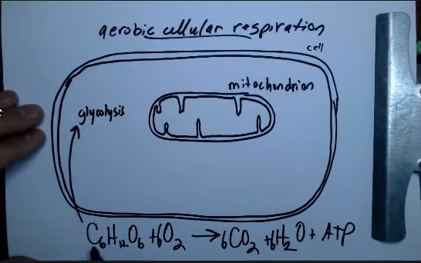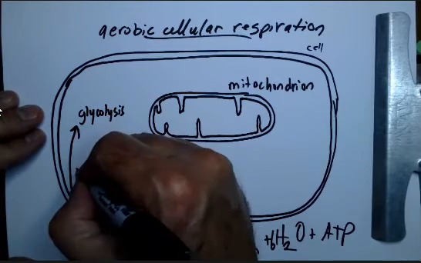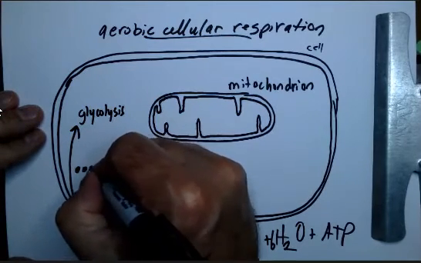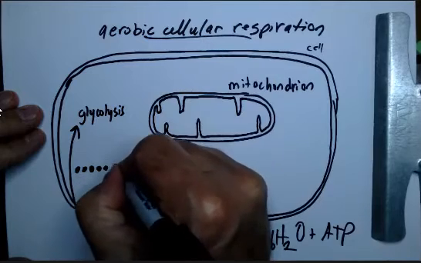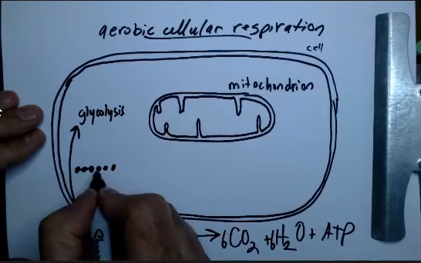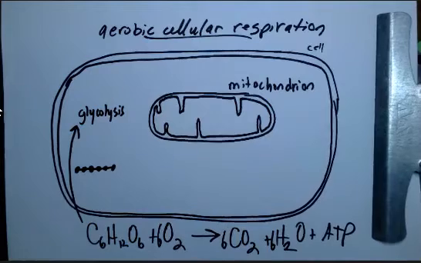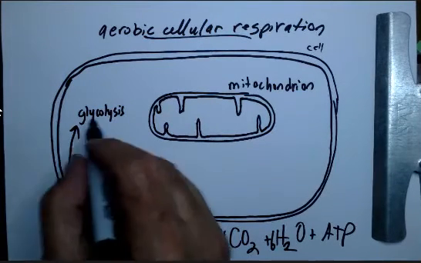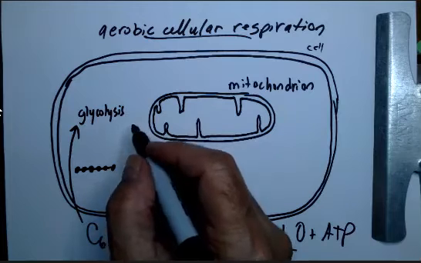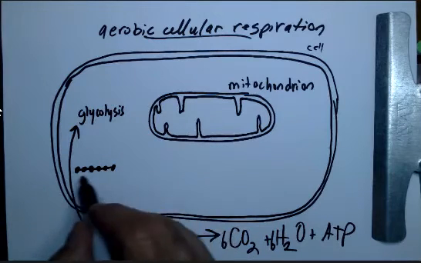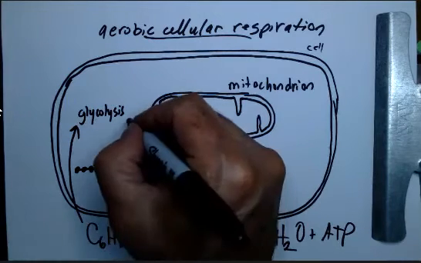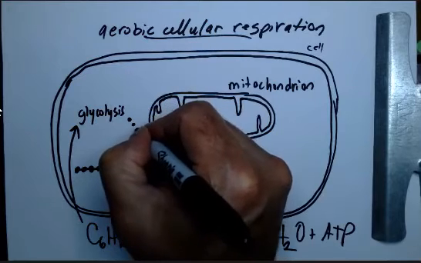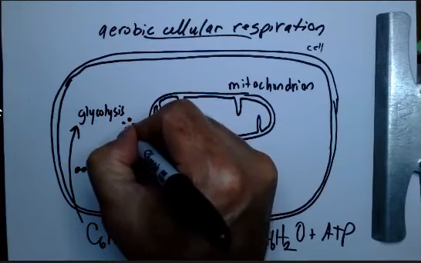What I want you to note here is that this is a 6 carbon fragment, so I want you to draw 6 beads here for glucose. And in the process of glycolysis, this chemical is broken into 2 3 carbon fragments, and these are called pyruvates.